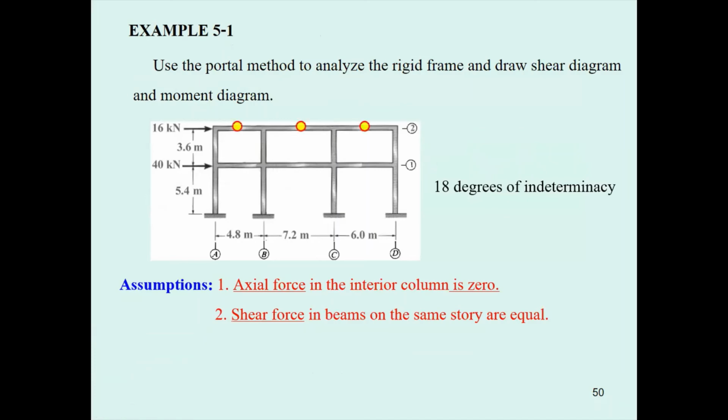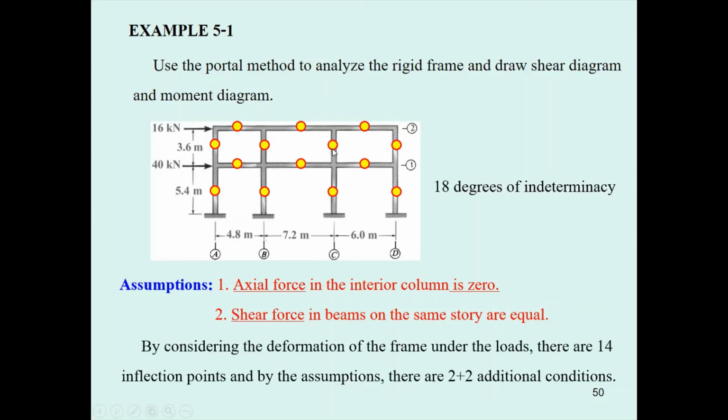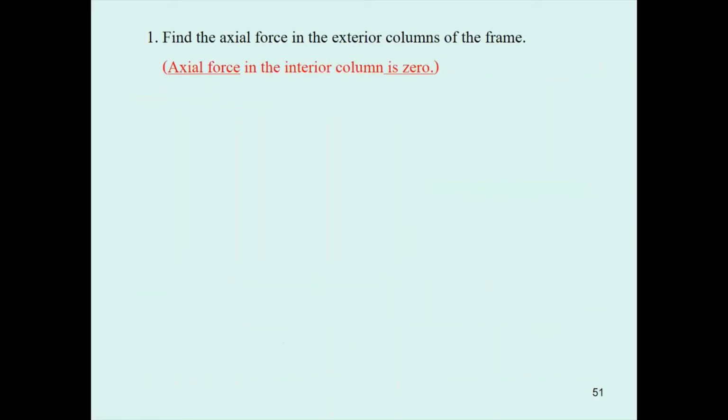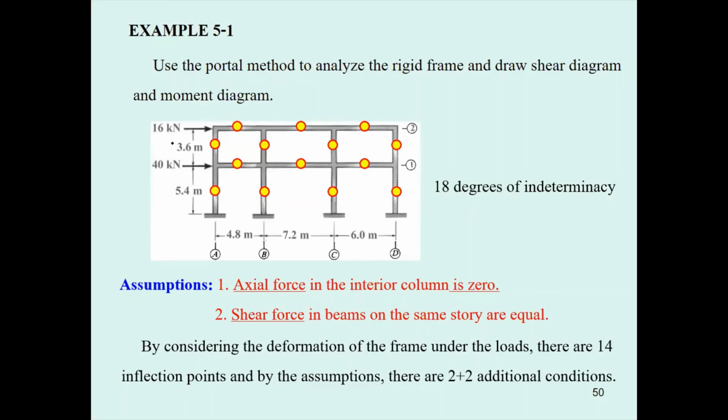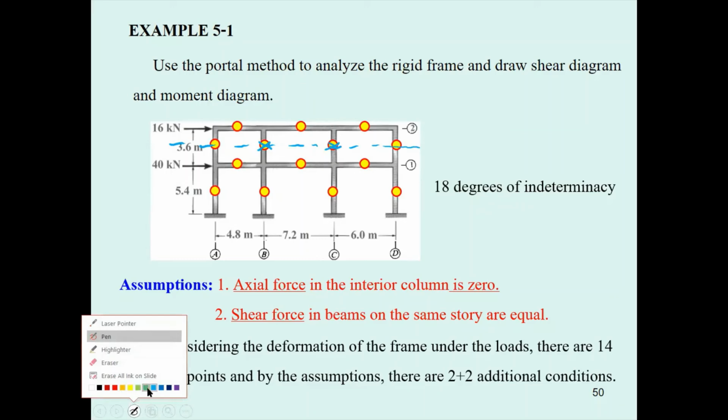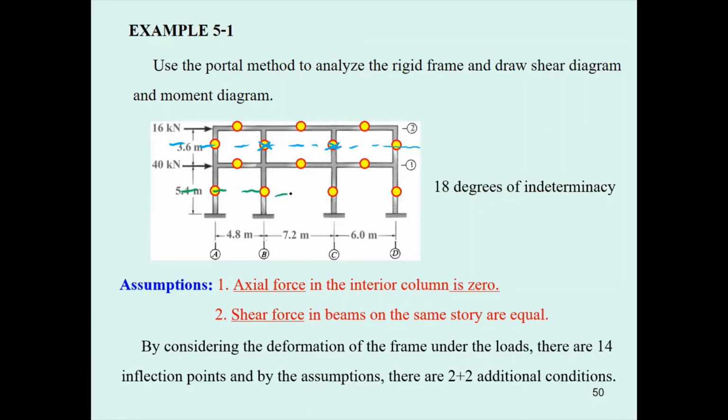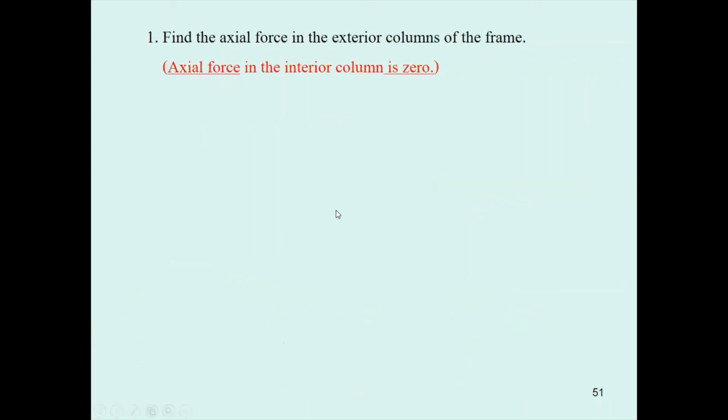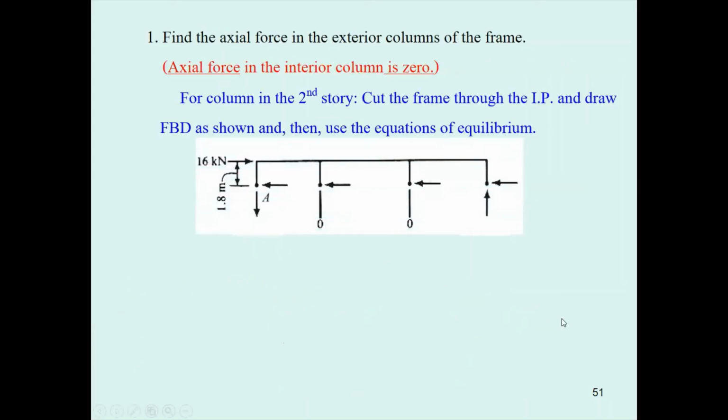So we have 14 inflection points like here, and we require 4 more conditions, which are that the interior columns have 0 force. If you cut the frame along this line, there is no internal force in these two columns. Again, if you cut it along this line, there is no internal axial force in these two columns, and then you can analyze this structure based on this free body diagram easily.